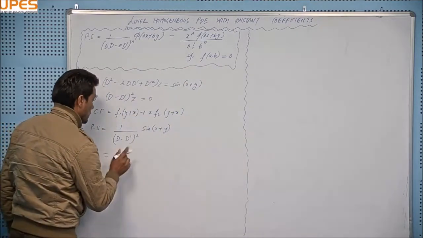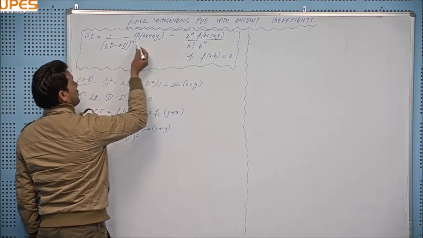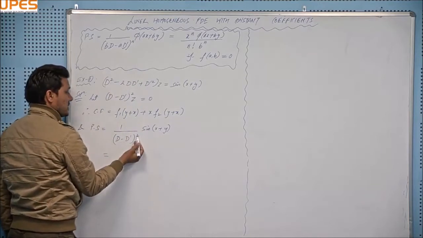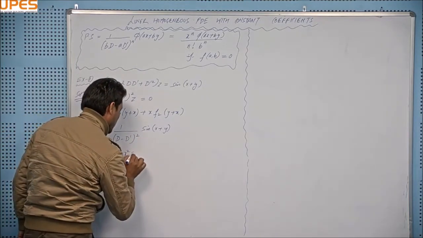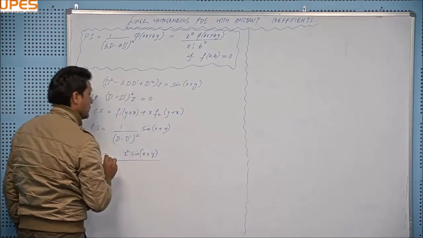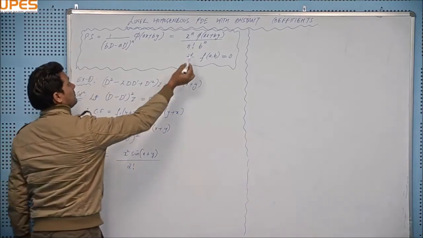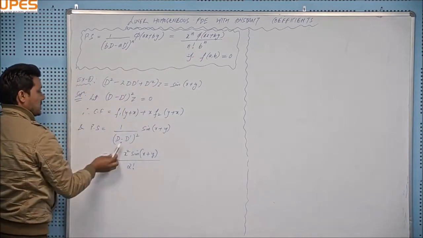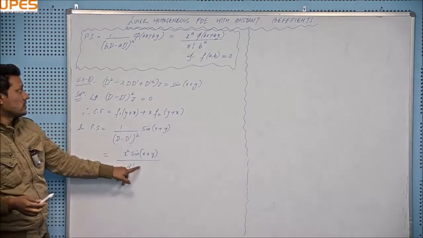So I am using this result directly, where n is the order of this linear factor, and that is 2. Then it will become x squared sin(x + y) upon n factorial, that is 2 factorial, and b to the power n. What is b? b is the coefficient of capital D, which is equal to 1 here, so 1 to the power 2.